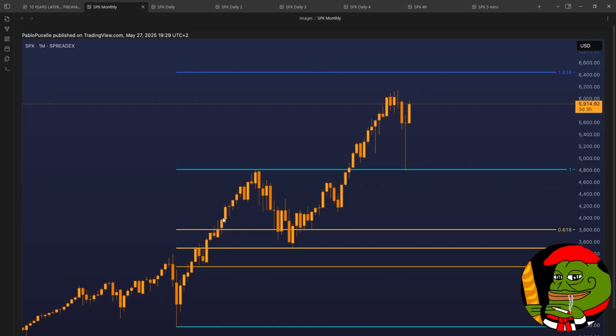So, SPX monthly. First, we need to define what a low and a high are, how to find them, and potentially know where we could have a next high and a next low. So that's quite some things to go through. The first thing, when I'm going through a chart, is to see: are we going up or are we going down?